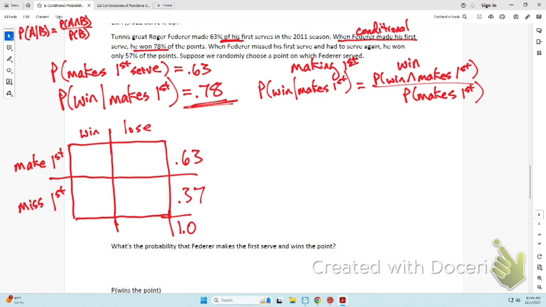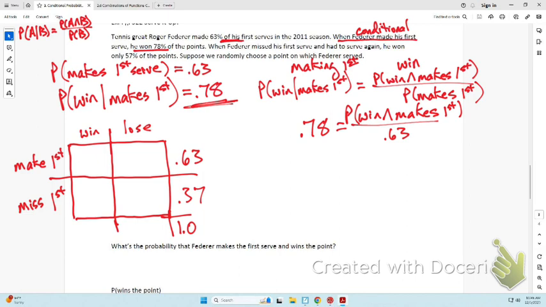Now I'm going to take that 0.78 and that 0.63, and I'm going to substitute in here and do some algebra. So instead of win given makes, I can write 0.78. I don't know the intersect of the two, so I'm just going to rewrite it. And instead of makes first, I can plug in 0.63.